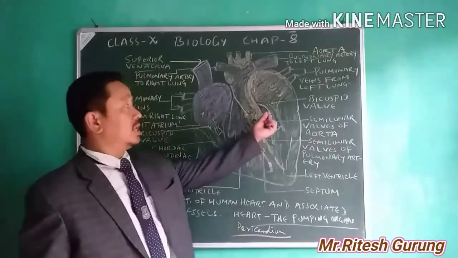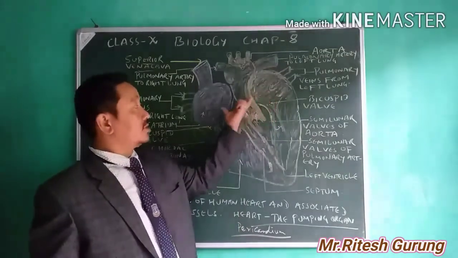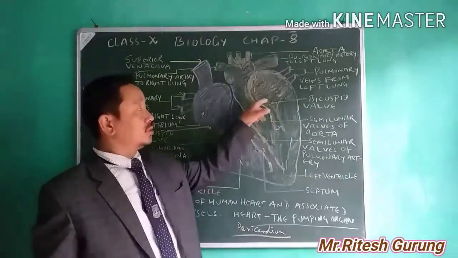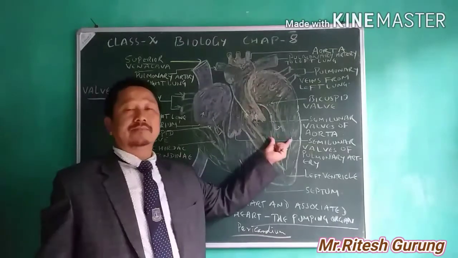Once the auricle gets contracted, the valve will open so that the blood comes down to the ventricles.